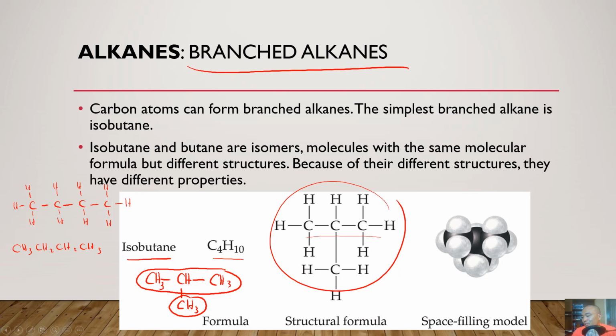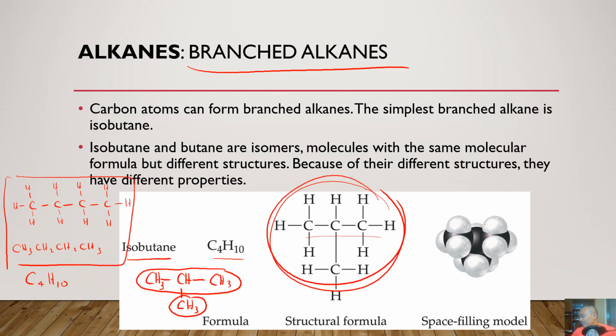And as you might have noticed, if you write the formula for the compound on the left side, you will have C4H10. When you look at the right side, it also has the same formula. So if 2 or more compounds have the same chemical formula but different connectivity between atoms, we call them isomers.